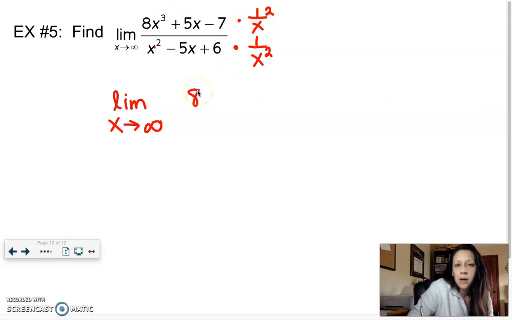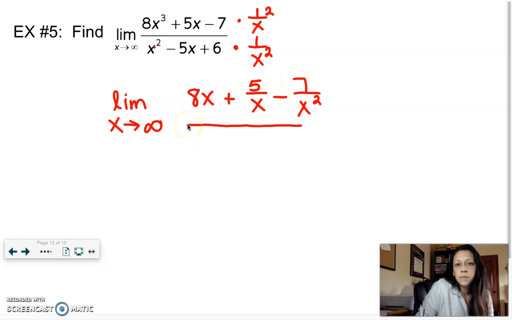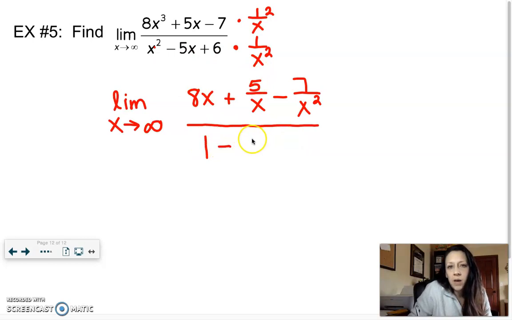That would be 8x plus 5x over x squared would be 5 over x, and then 7 over x squared. The bottom would be x squared over x squared, that's 1. 5x over x squared would be 5 over x, and then 6 over x squared.